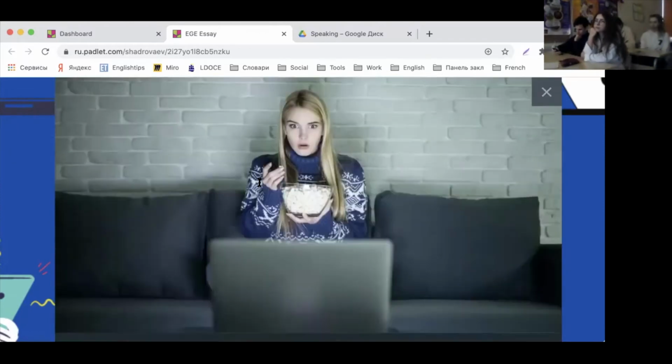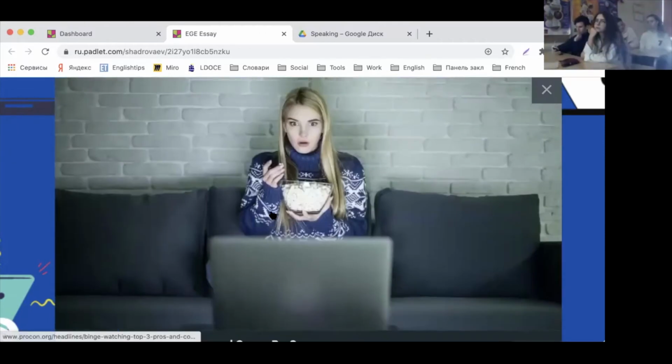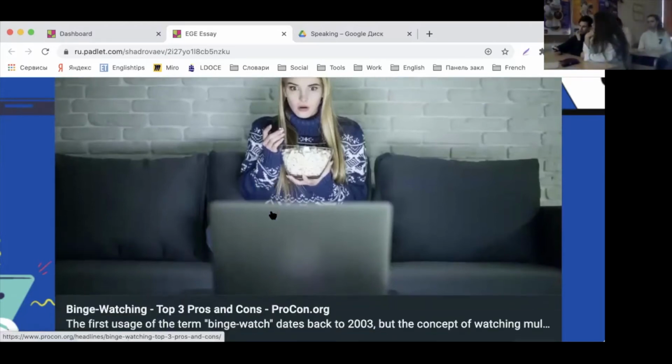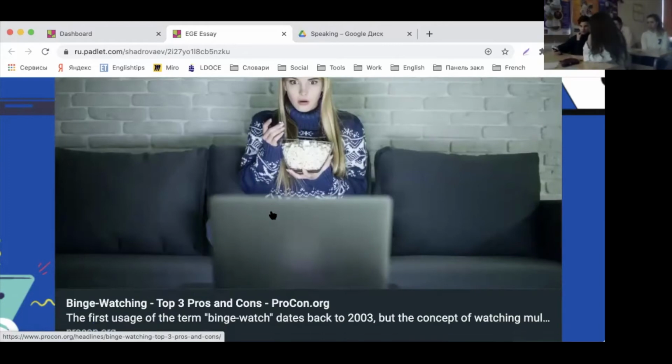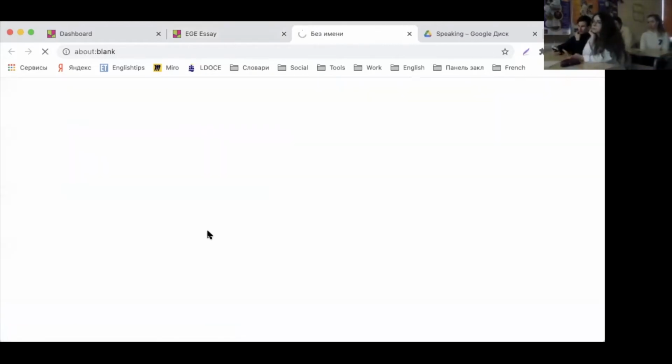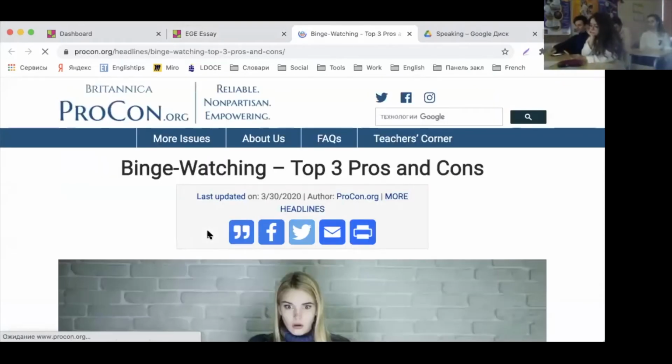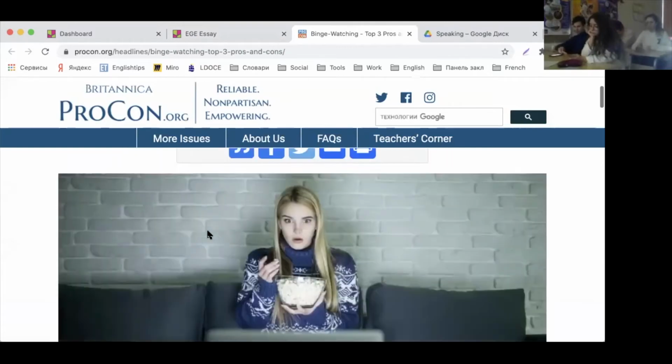Let me show you the article and the way it is structured. You can see a girl eating popcorn, sitting on a sofa, surrounded by cushions and watching films. If you click this button, you will see a lovely website by Britannica that you may use later for your ideas, or your teachers may use it. It's called procon.org.